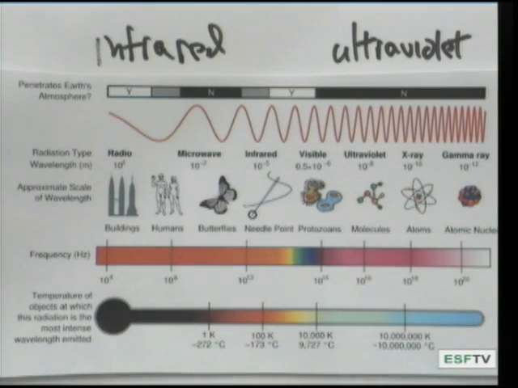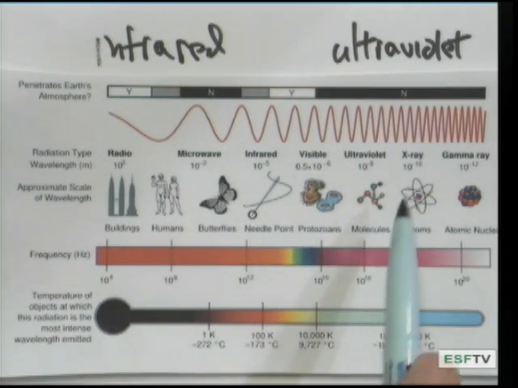When you get up into this region right here, you're talking about very, very energetic light waves being propagated. So energetic that in fact it can start doing damage to molecules.